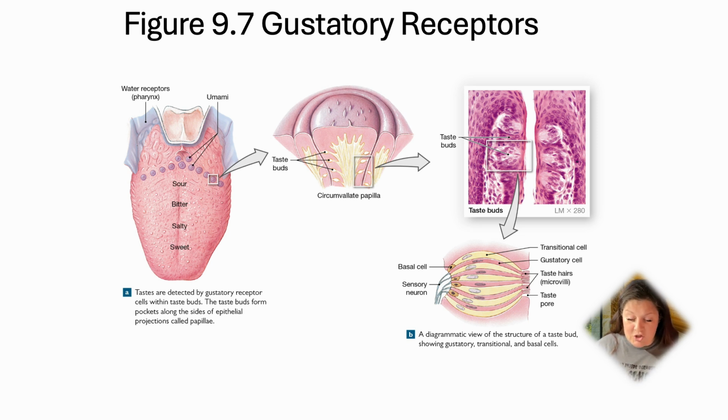We are going to just touch on the fact that the information from our taste buds is going to be communicated back to the central nervous system through three cranial nerves: the facial nerve, or cranial nerve 7, the glossopharyngeal nerve, which is cranial nerve number 9, and the vagus nerve, cranial nerve number 10.